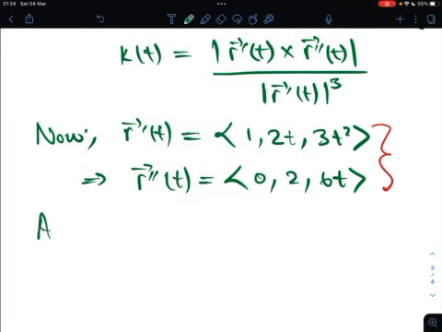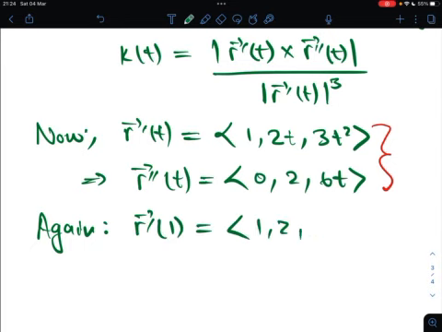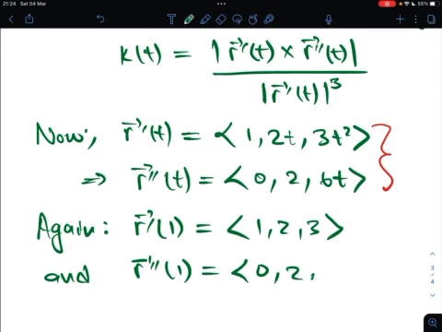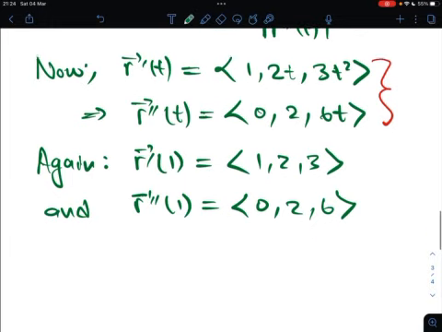Again, we can see that r prime of 1 is equal to 1, 2, 3, and r double prime of 1 is equal to 0, 2, 6. So this is what we have. What does that imply?